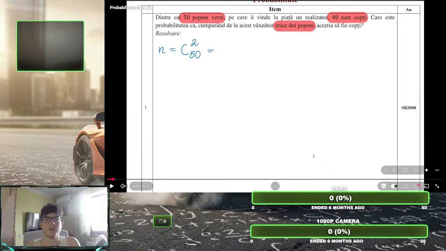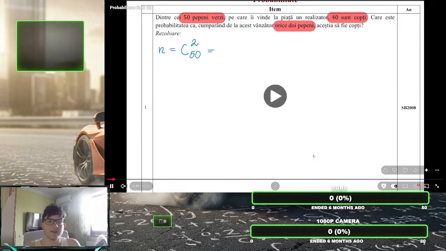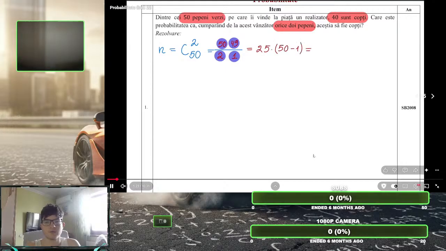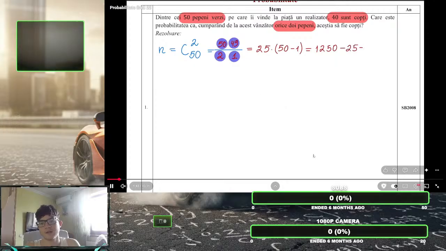Yeah, I'm a genius. C(50,2). And calculating this is essentially 49 times 50 divided by 2. So that is 49 times 25. So that's 1250 minus 25. So that's 1225. We got the n.